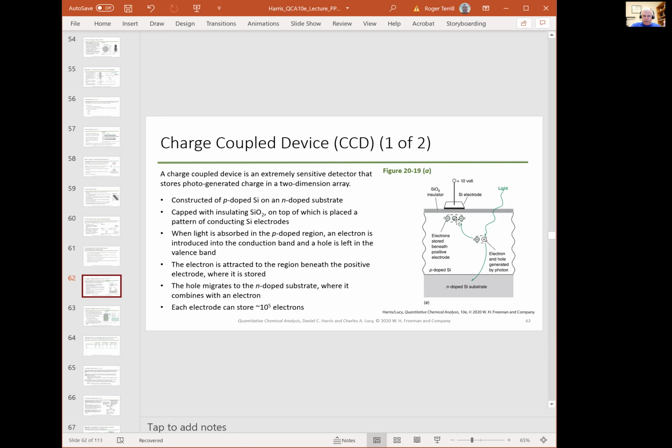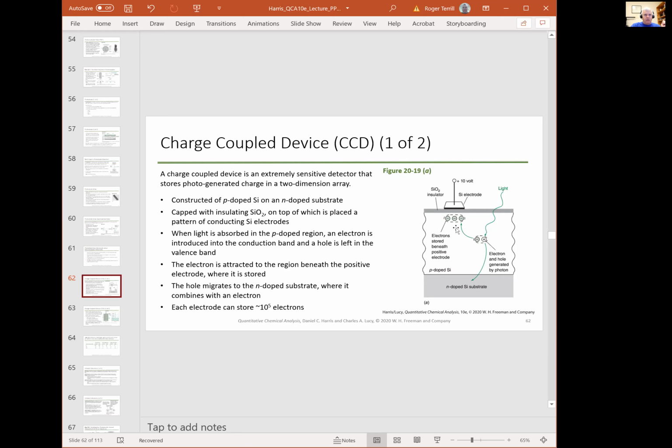So you've got MIM, and charges accumulate there for every photon. As this capacitor charges up, it charges in proportion to the amount of light that has struck the silicon here.